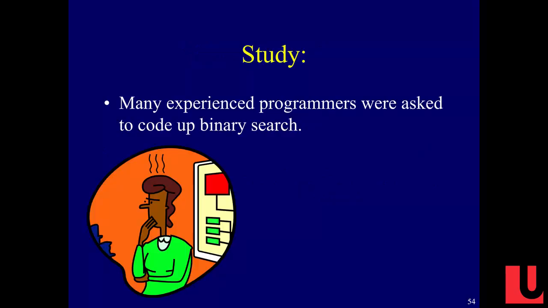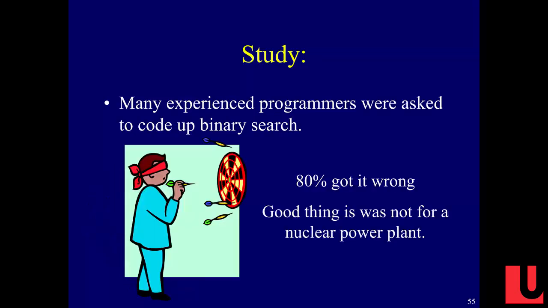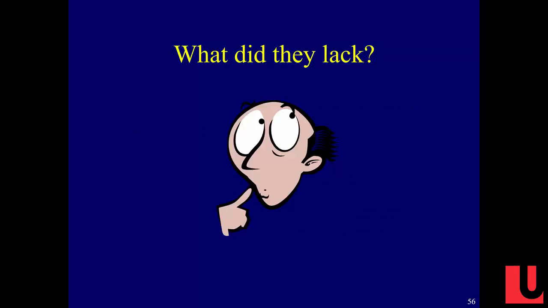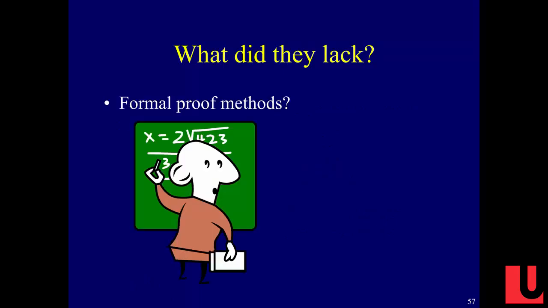So here's when I started university before you were born, obviously, in 1982, and they showed me this study that they were getting people to code up binary search, but experts, and 80% of them got it wrong. And then we can ask, well, why did they get it wrong? Did they lack formal proofs?